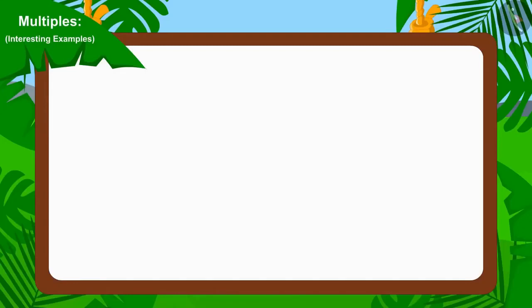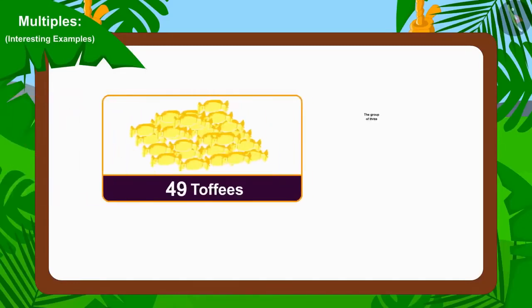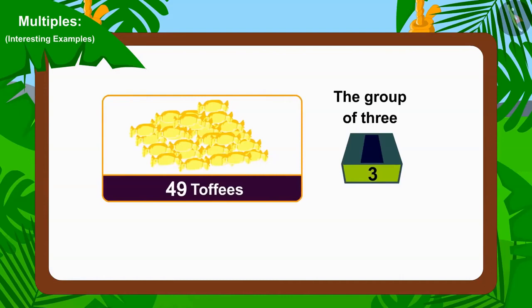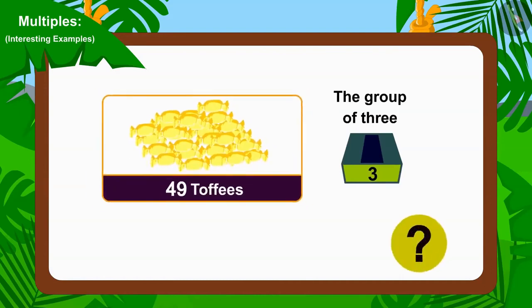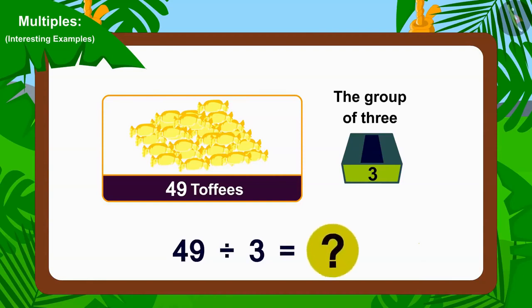Let's first try to divide these toffees into groups of 3 and see if there are any toffees left. How can we easily do this? Correct! We just have to see if we can divide 49 by 3. Can we do that? No, we cannot divide 49 by 3.